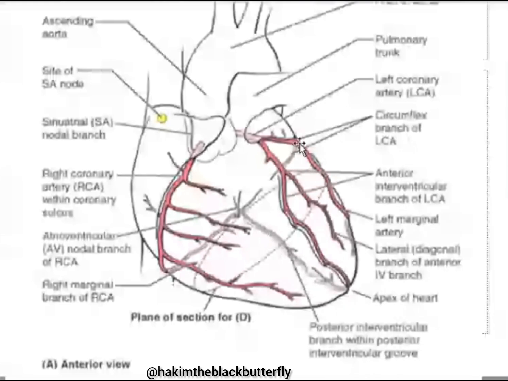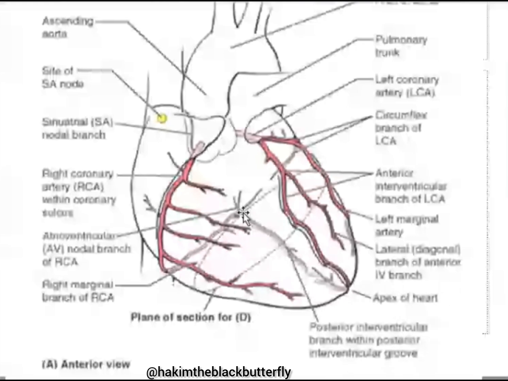In this illustration, the right coronary comes, goes to the inferior surface, and then finally gives off this branch, like in this illustration.